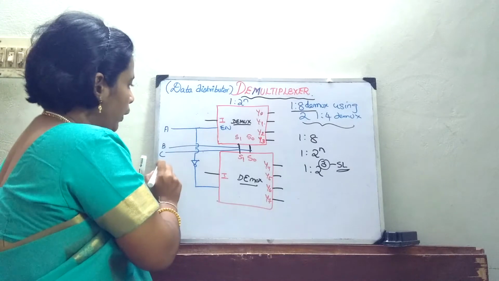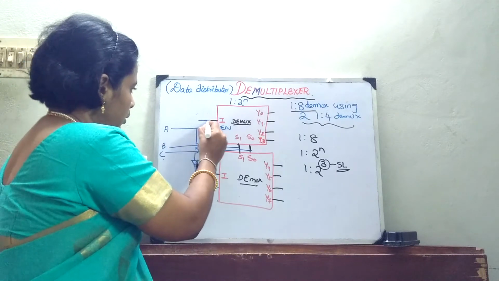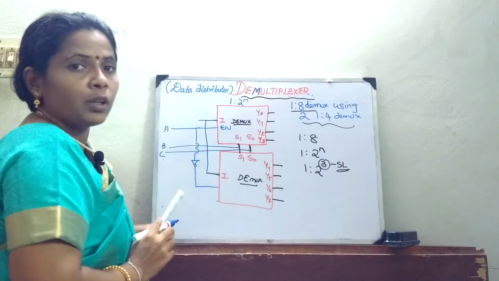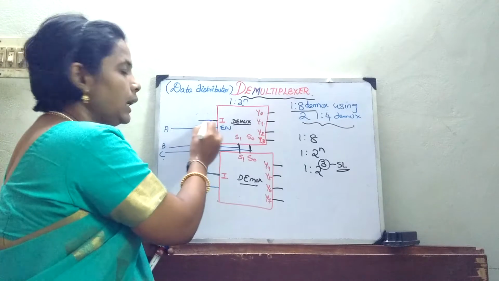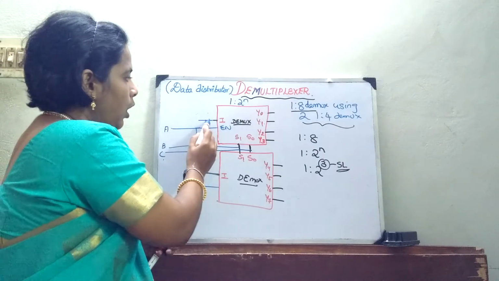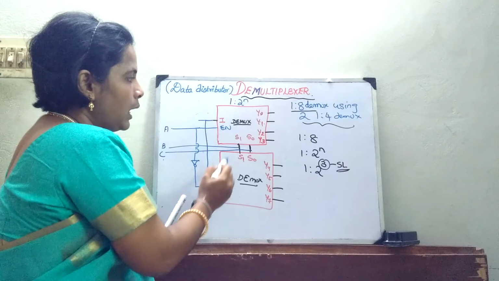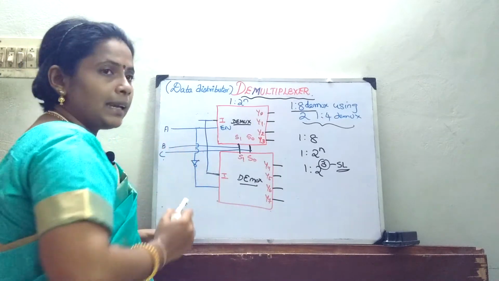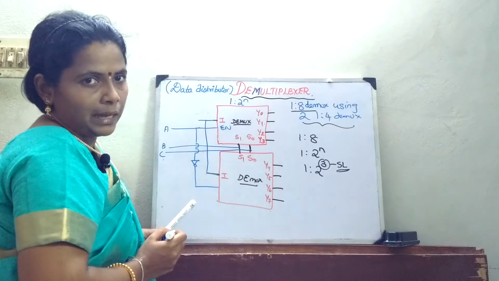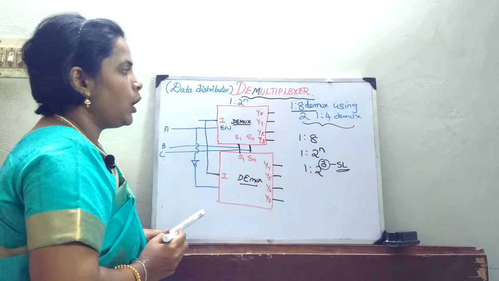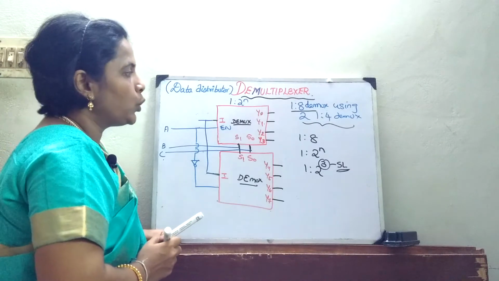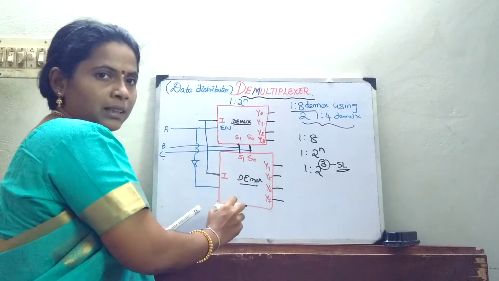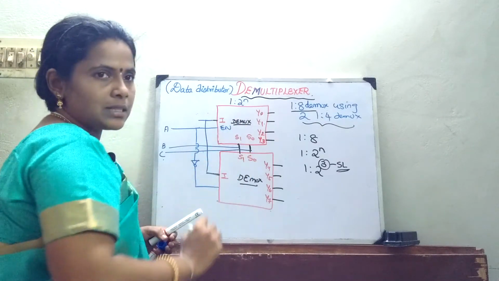So now you are going to have a single input. How many inputs are there? A single input. And how many outputs? You have 8 outputs. And how many select lines? You have 3 select lines. So this gives your 1x8 demux using two 1x4 demux. Just take 2 demux and then incorporate your select lines.